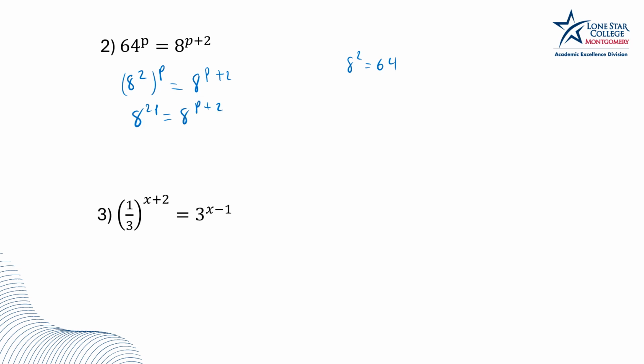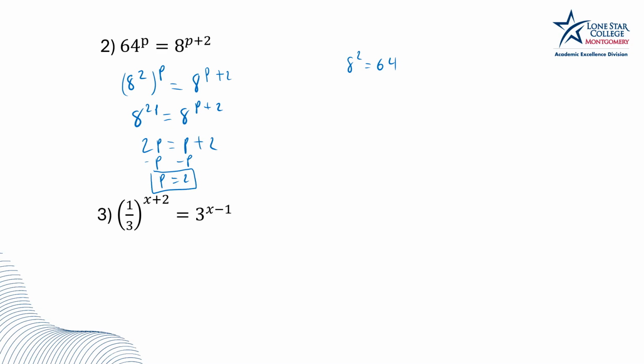Now that our bases are the same, we can set both of our exponents, our powers, equal to each other and solve for p. So we can subtract p from both sides, gives us just p equals 2. And that is our solution.